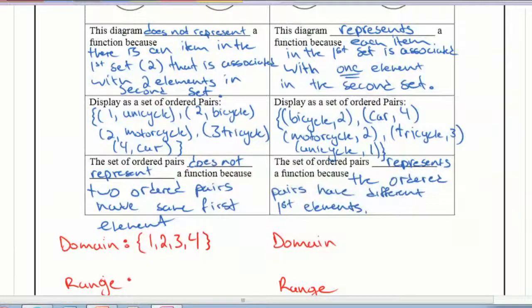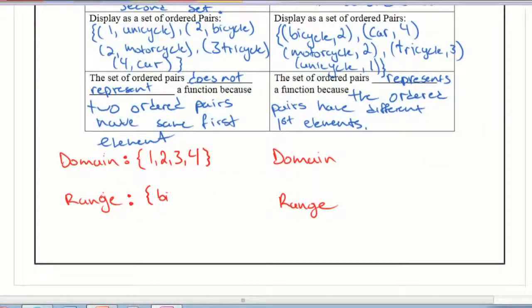And then the range was everything in my second bubble. So in this case, I had a bicycle, a unicycle, motorcycle, a car, and a tricycle.